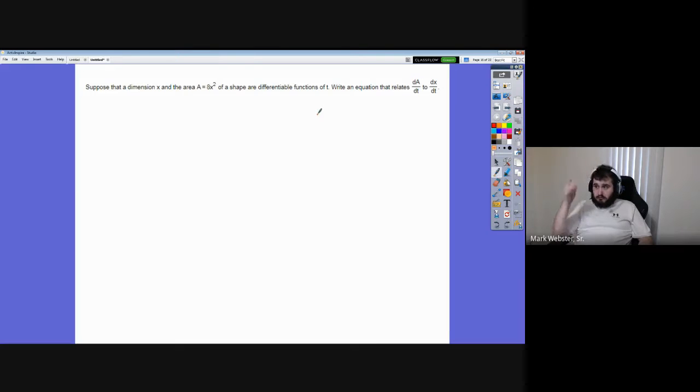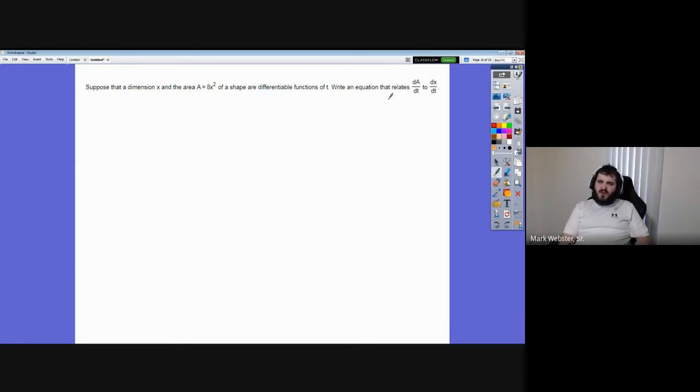And whatever it is, the size is changing with respect to time. So the idea here is probably, hey, the shape is growing and shrinking as you're looking at it. Who knows why, but that's the way that this problem is dealing with this.